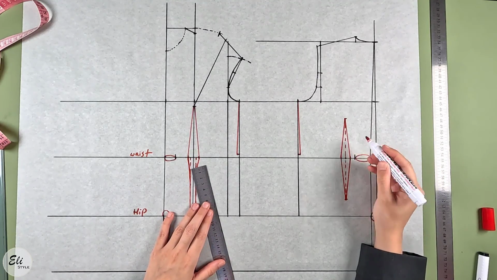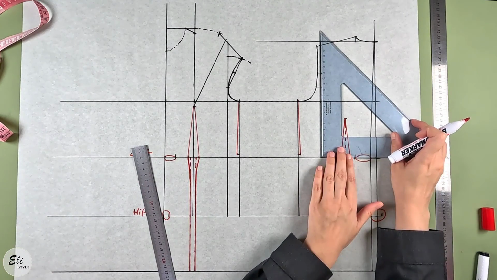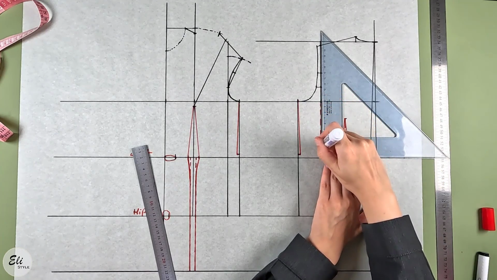If there is a significant remaining amount, you can add a second dart on the back. This second dart will be positioned on this line.